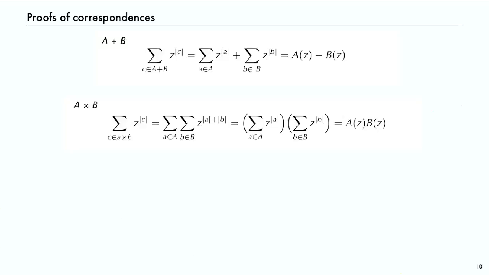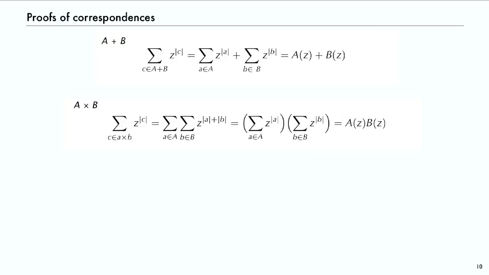For Cartesian product, it's slightly more complicated, but not much. If you take an ordered pair of objects from A and B, all ordered pairs, and you sum over all ordered pairs, then you can treat that as a convolution of two sums.